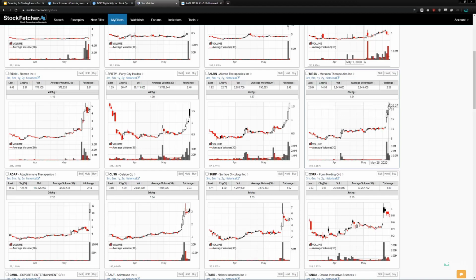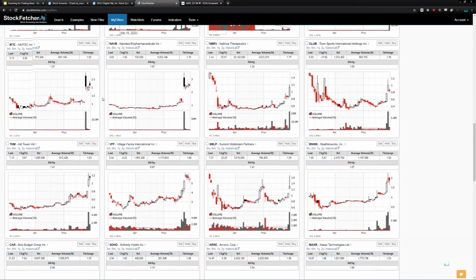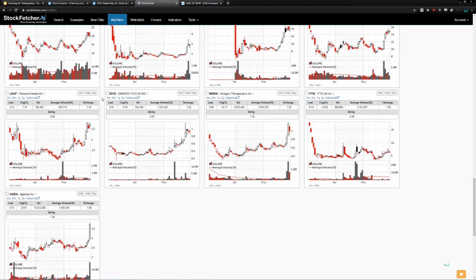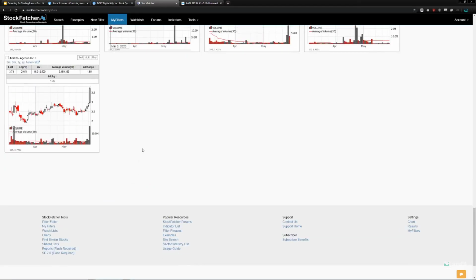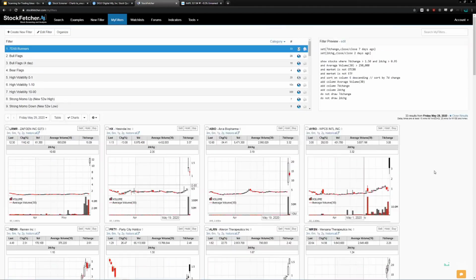So it was only up like 10% on Friday, or 14.98% on Friday, which might not have been enough to put it onto the top gainers scan on Finviz, but it's enough to pop up here because I'm looking at it over the last 7 days. So you'll see that the patterns that I'm finding on this are pretty similar to what's on the top gainer scan on Finviz, but it does find some extra stuff which Finviz misses.